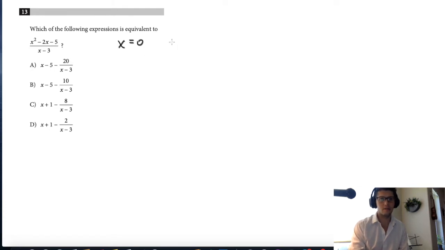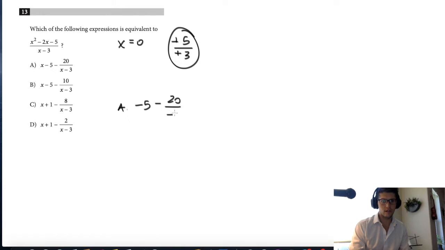Well, the top becomes negative 5. The bottom becomes negative 3. The negative signs cancel. We get 5/3 when x is 0. Okay. Well, I guess I'll try out these answers. The nice thing is the math doesn't have to happen over and over again. Answer choice A is saying negative 5 minus 20 over negative 3.